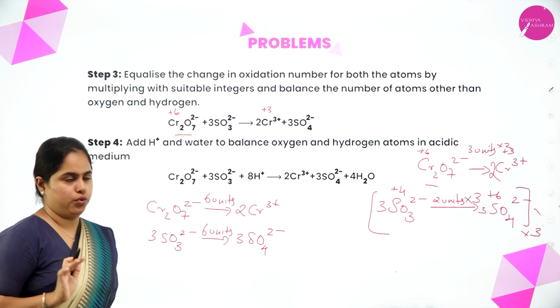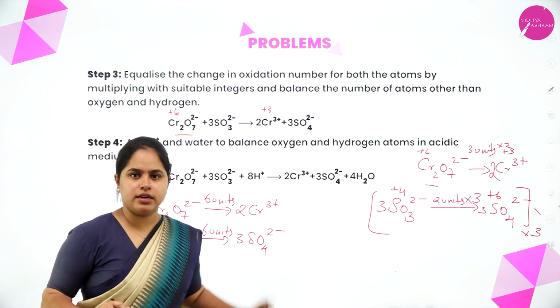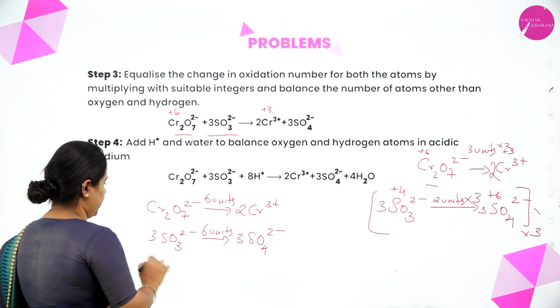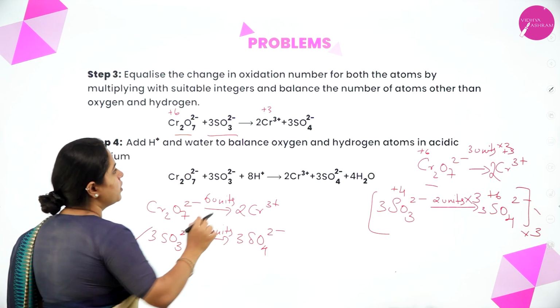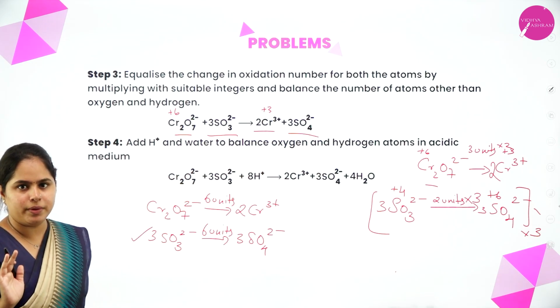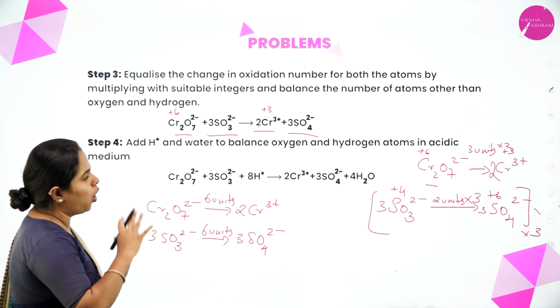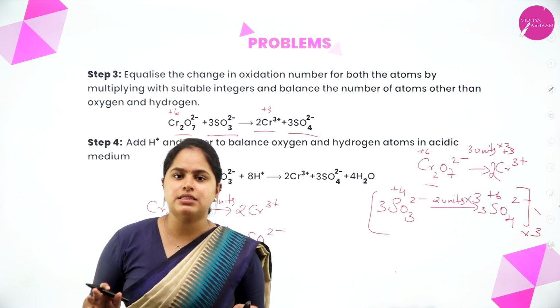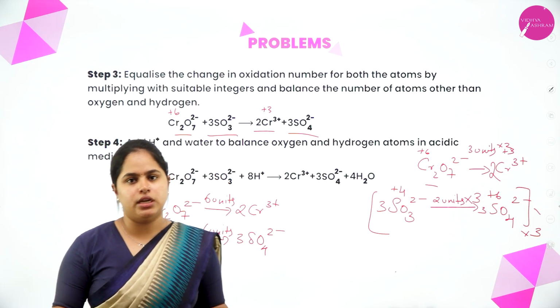Yes, it is 6 units. So together it is written here: Cr2O7 2 minus plus 3SO3 2 minus gives 2 Cr3 plus and 3SO4 2 minus. Till here I hope it is clear. So we balanced all other atoms other than oxygen and hydrogen and we balanced the change in oxidation number also.